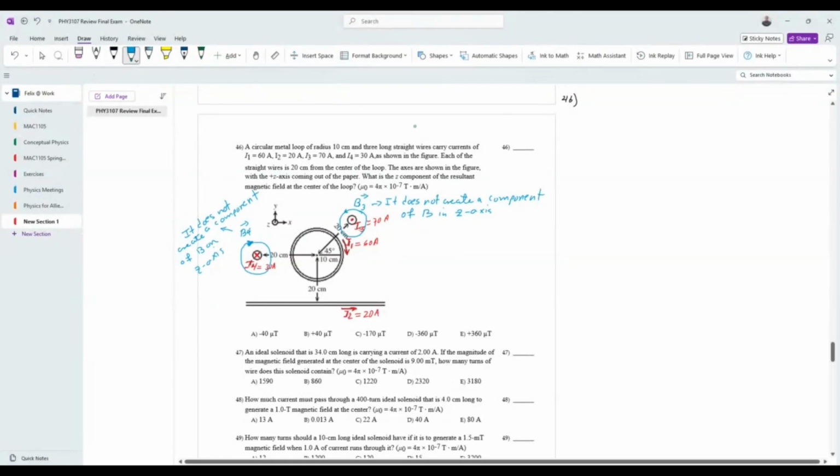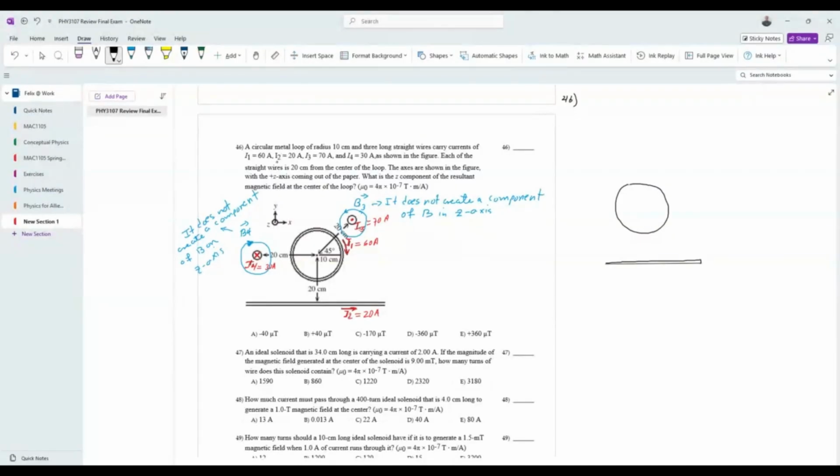So we can forget about both. So what we really have here that can create components on the Z-axis are the loop and the wire that we have here below going from left to right.